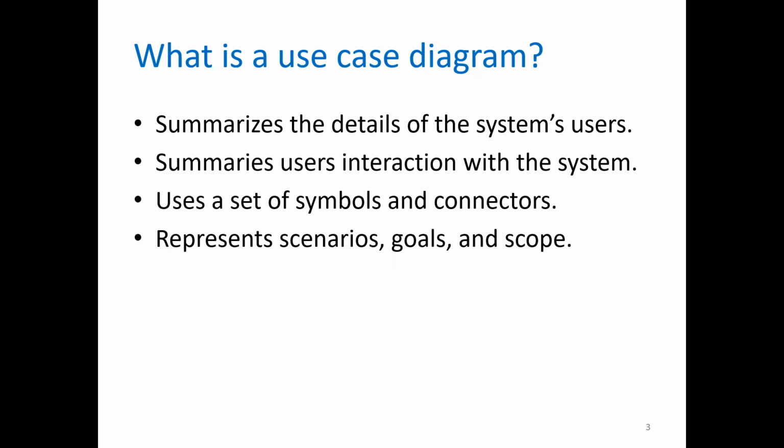And finally, the use case diagram helps the team to identify the scope of the system. So when we talk about the word scope, scope is basically the defined features and functions of a product or the work needed to finish a project.